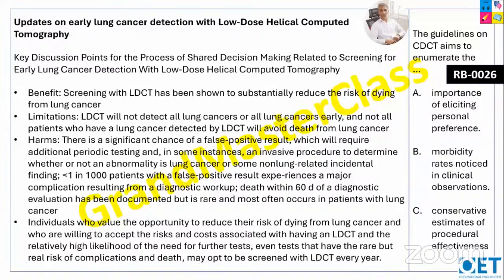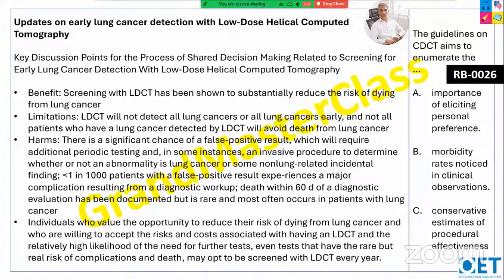The point you have to find out here is lung cancer or some non-lung related incidental finding. So that is the comparison here. There is a significant chance of a false positive result. That means positive results are not there, but the chance is there.